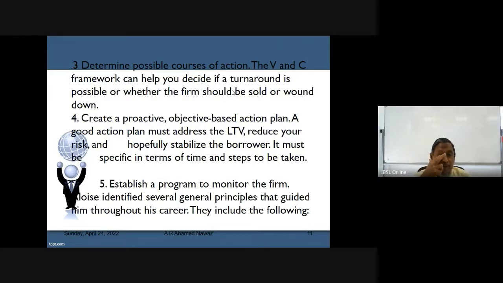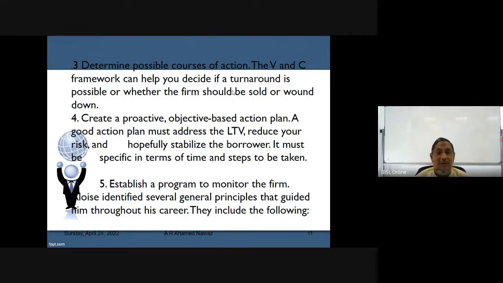Fourth one is to create a proactive, objective-based action plan. A good action plan must address the loan to value, reduce your risk, and hopefully stabilize the borrower. It must be specific in terms of time and steps to be taken.